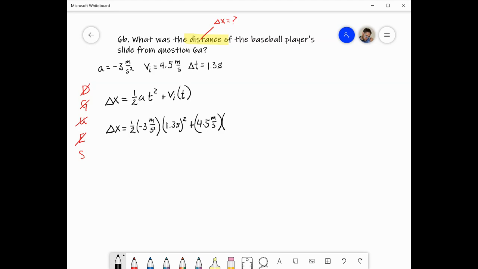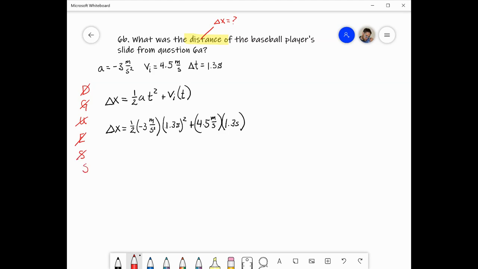And I'm going to multiply that times the amount of time as well, that 1.3 seconds. So I've substituted in all of the parts that I needed, and now I am one step away from solving this whole problem, which is just to solve this whole thing.